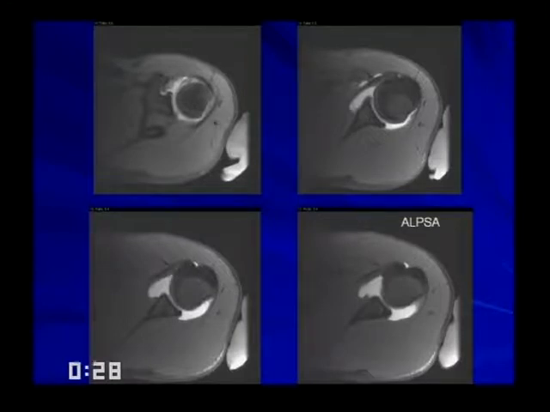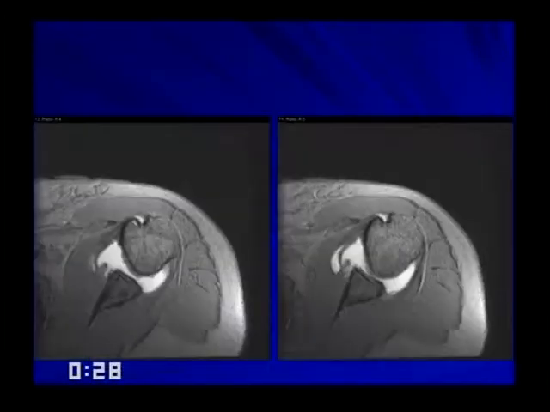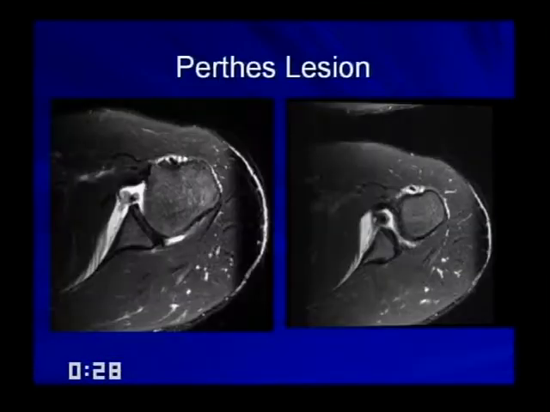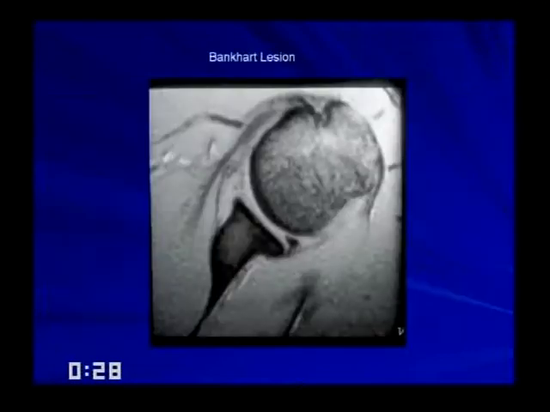And inferiorly, there's this displaced fragment. So this is an ALPSA lesion. Here's another one. The fragment is displaced and medialized. A Perthes lesion, the fragment is fibrosing back down in an almost normal position. And here's our classic Bankart, where we just don't see an anterior labrum.